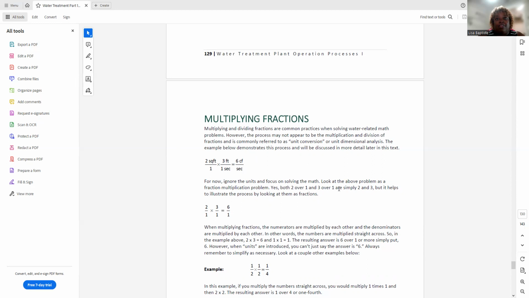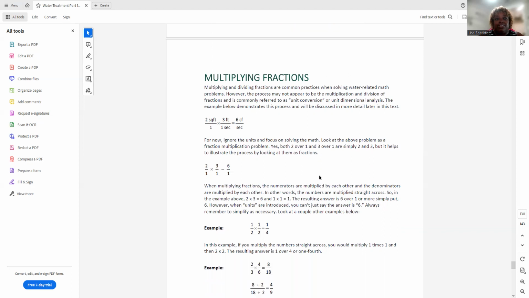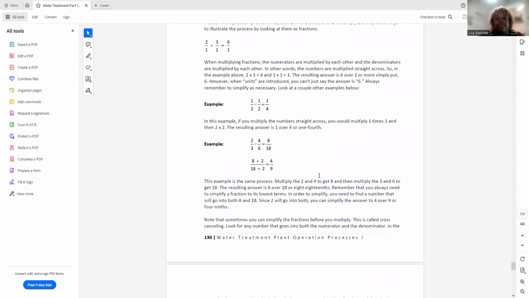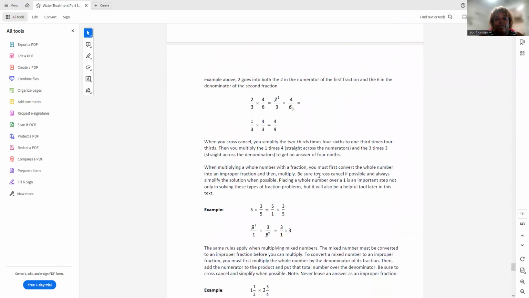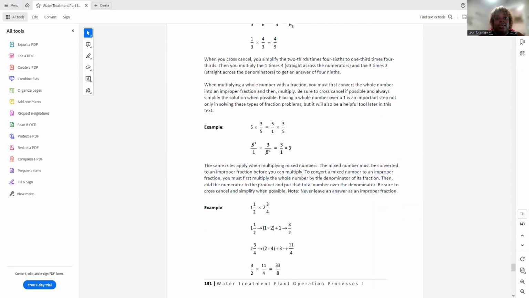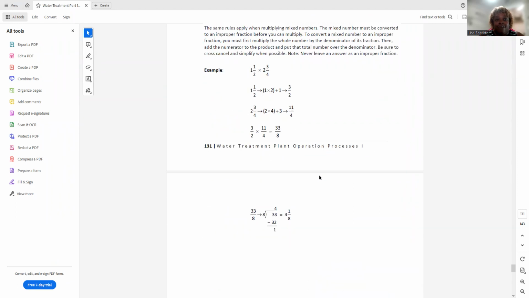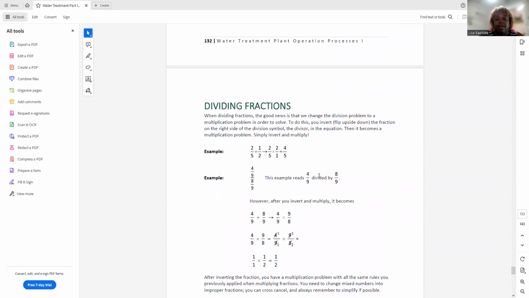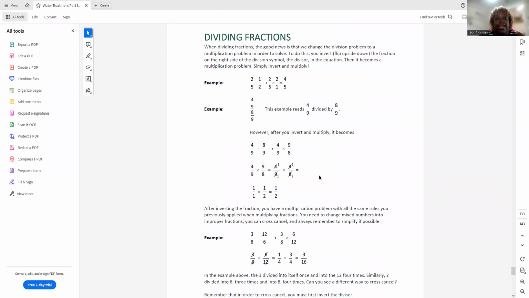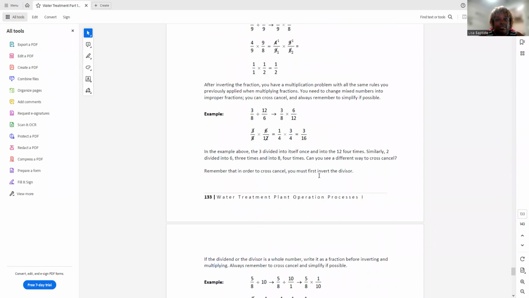Those are your different units, cubic feet, seconds. Our ultimate goal for these problems is to convert from one unit to the next. So it's important that you understand multiplying as well as dividing fractions, because when you're converting, you use what we call conversion factors, and those are simply fractions.